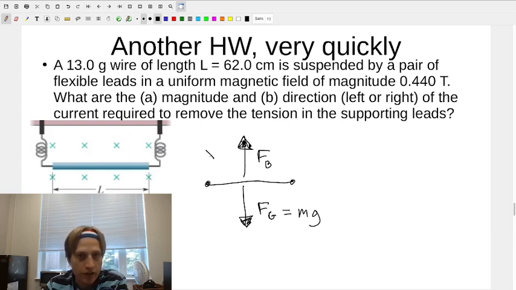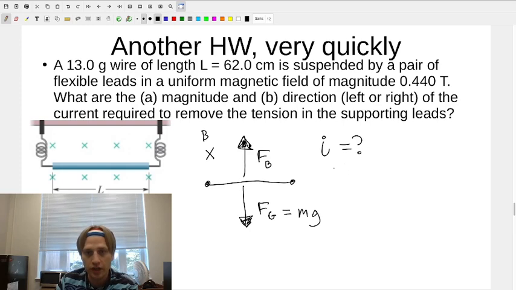So you know the direction of the magnetic field, it's into the page. You know the direction of the magnetic force, it's up, and you have to decide what is I, what's the magnitude, and of course you're going to have to solve for that using FB equals FG, so you know the size of the magnitude of that force.